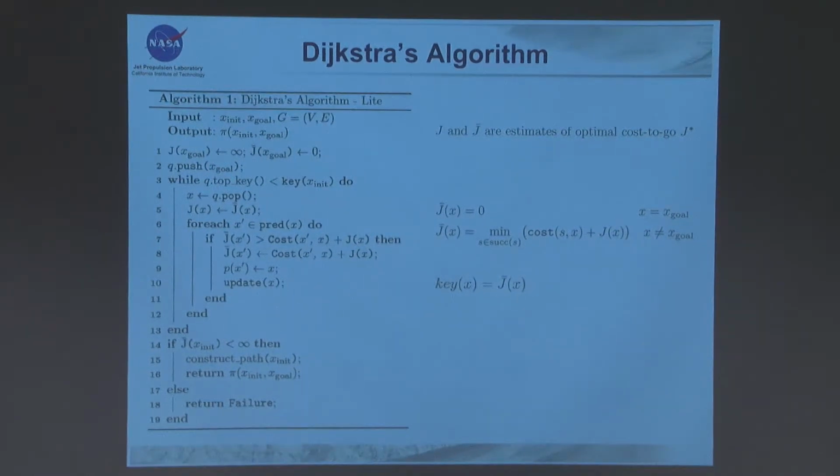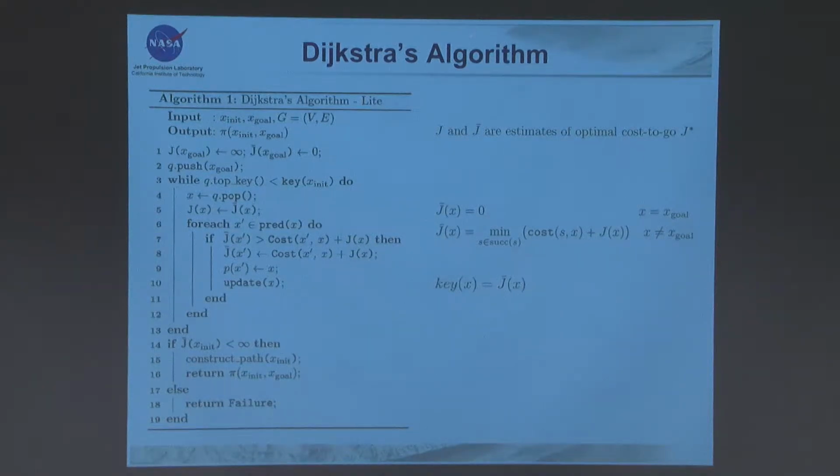But I can say, you want to compute J star, and this algorithm uses two estimates of J star, J and J bar. And J bar is defined in a similar way to J star, but the only difference is it uses the estimate J instead of J star, because we are trying to compute J star.